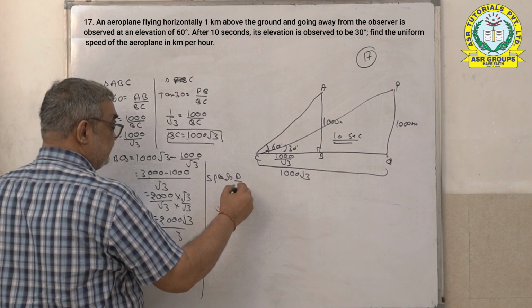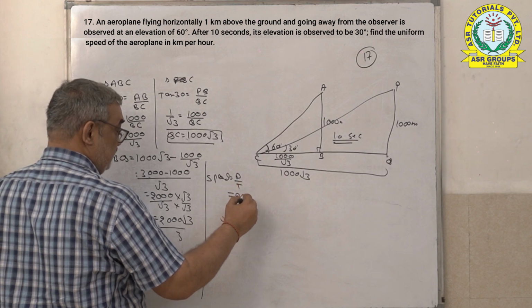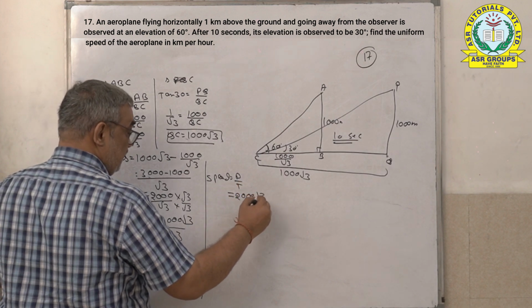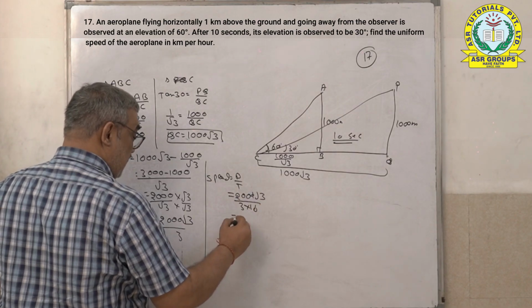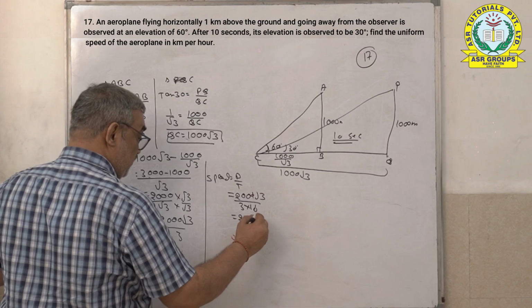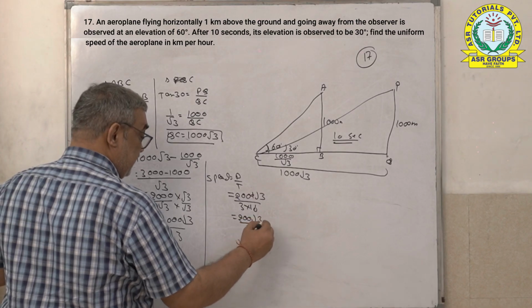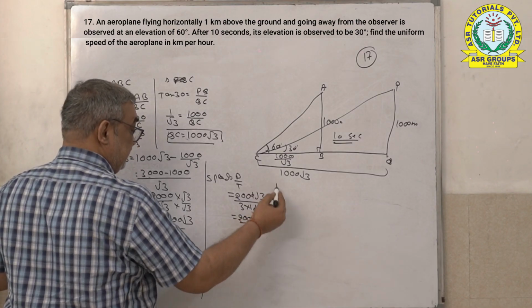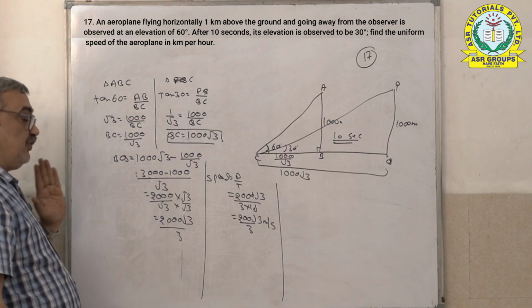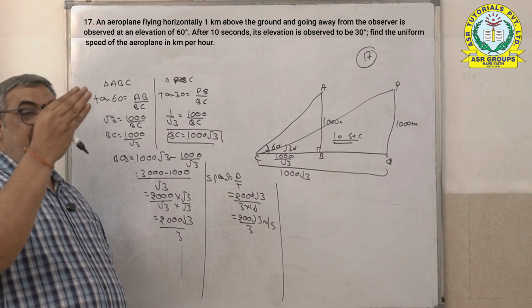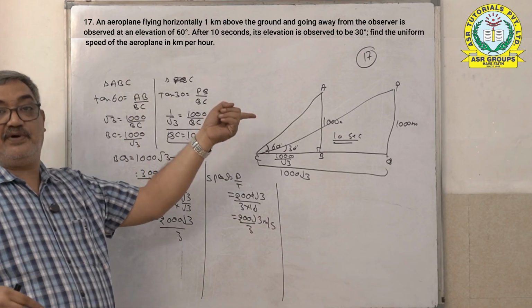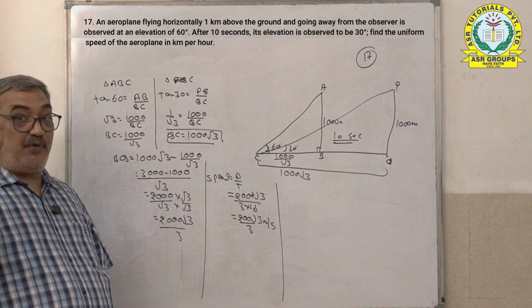Speed is distance upon time, so 200 root 3 upon 3 meter per second. But the question is asking kilometer per hour.